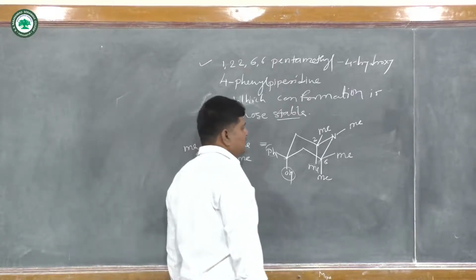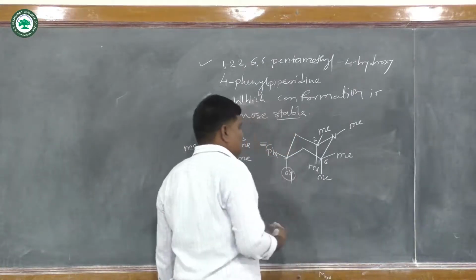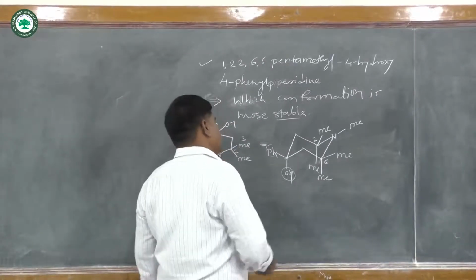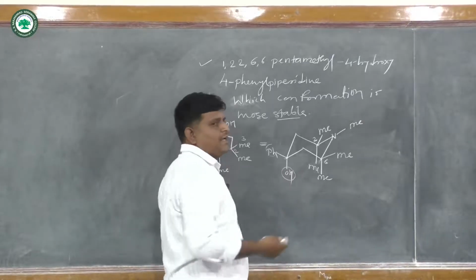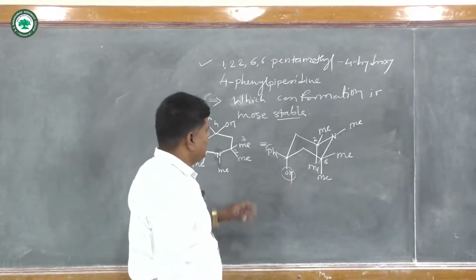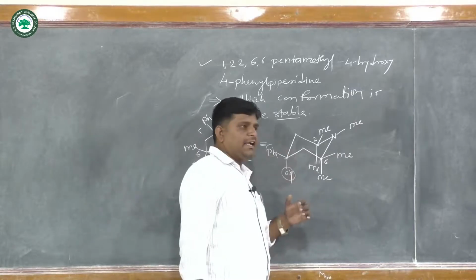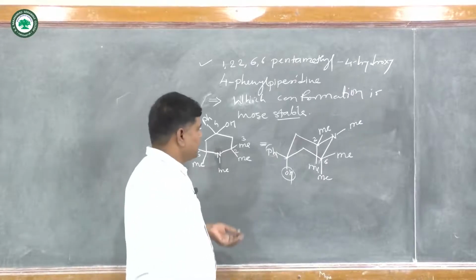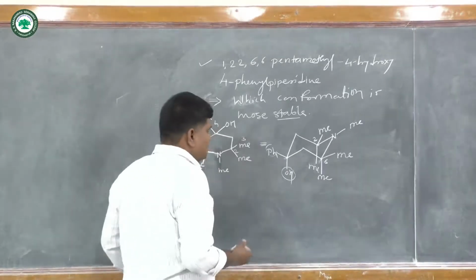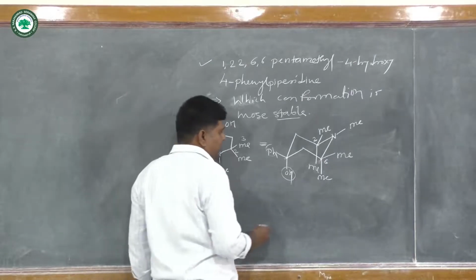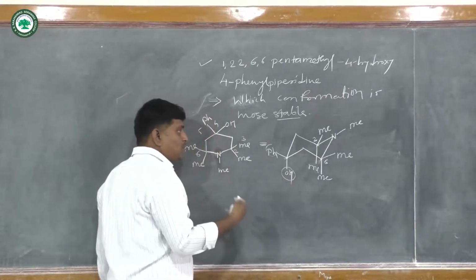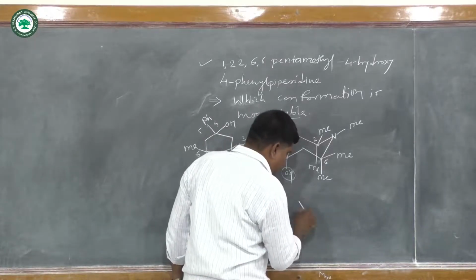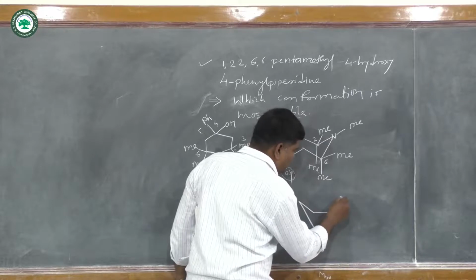Now this structure is somewhat stable, but in such cases, with a heteroatom on the 4th position and 1st position, there is some correlation between the stability of the chair and boat conformations. So here we try to convert that structure into the boat conformation. At that time we see the stability is more in the boat conformation.